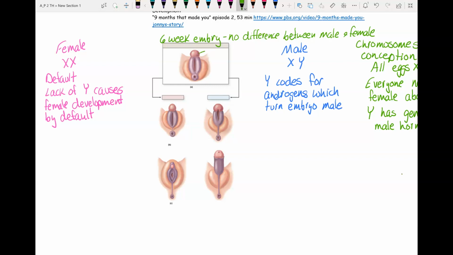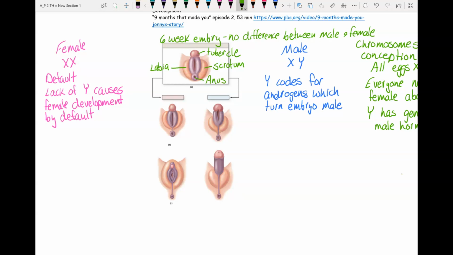So this is a tubercle. This part here is what will either become the labia, if this becomes a female, or the scrotum, if it becomes a male. And this is the anus.